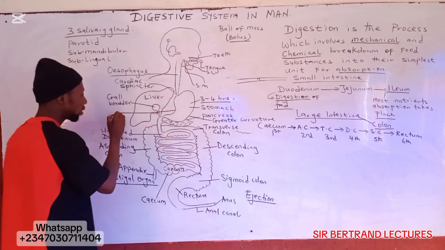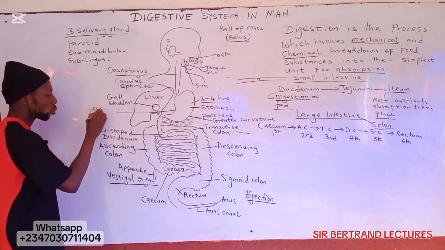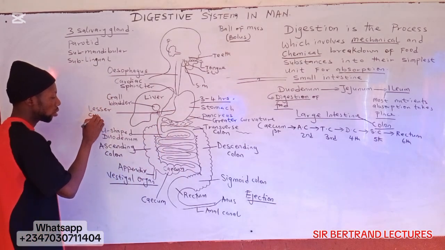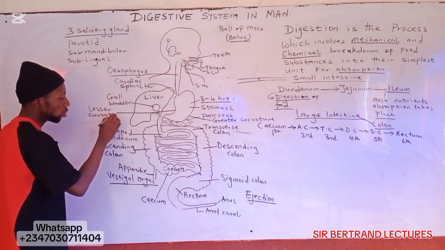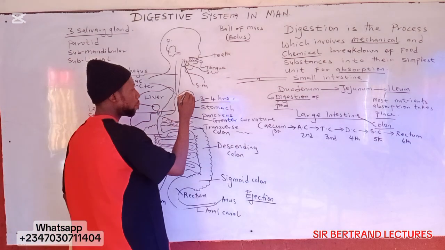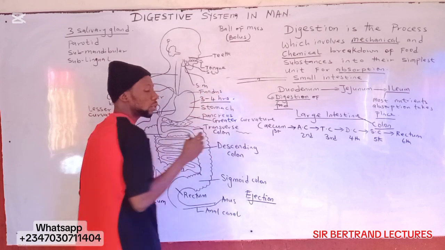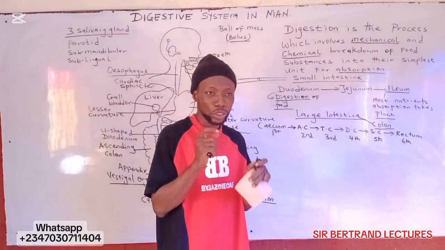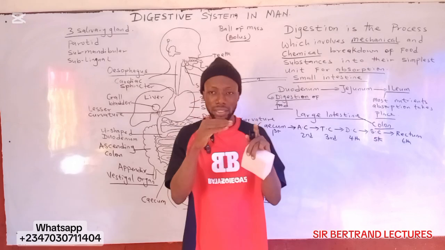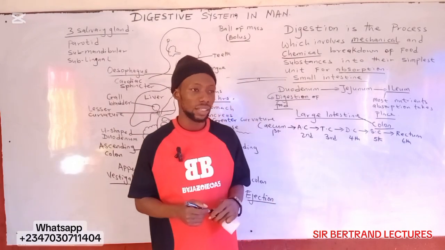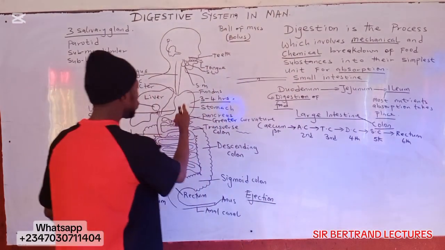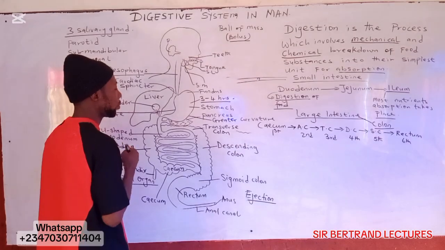Then here is the lesser curvature. Then this part of the stomach is known as the fundus. Fundus is the part of the stomach that is constantly filled with air. The food doesn't reach this part of the stomach, the fundus.